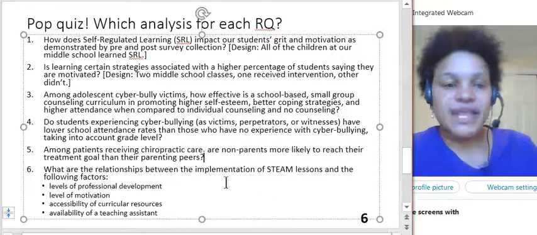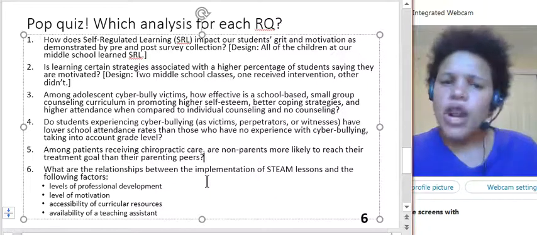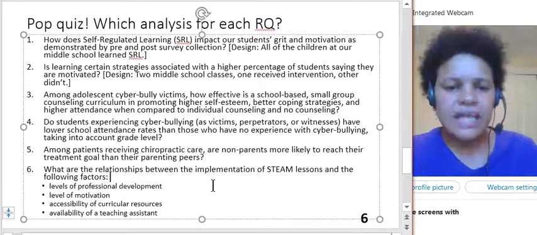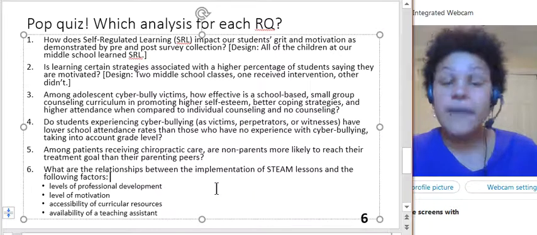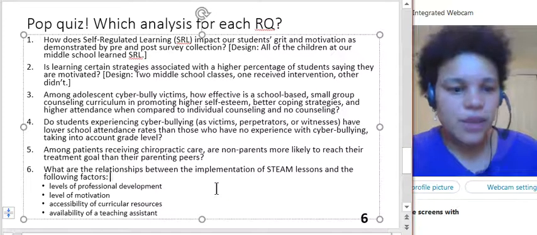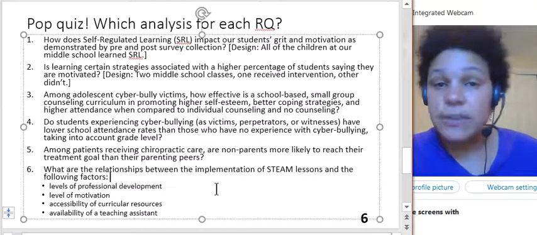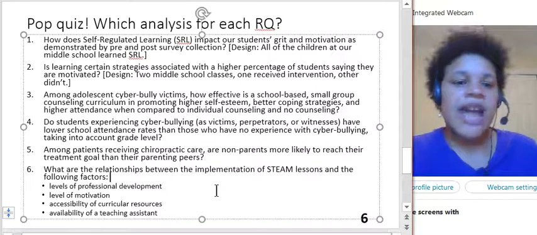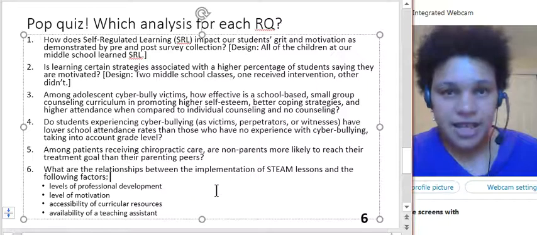And question number 6. What are the relationships between the implementation of STEAM lessons and the following factors? Levels of professional development, level of motivation, accessibility of curricular resources, and availability of a teaching assistant.